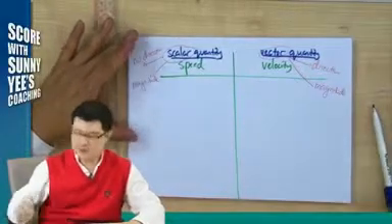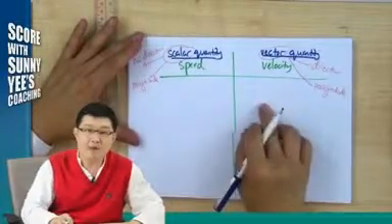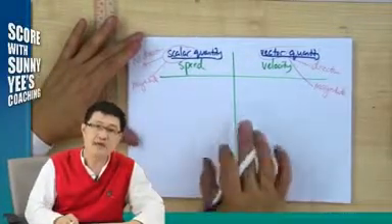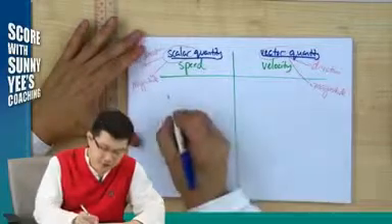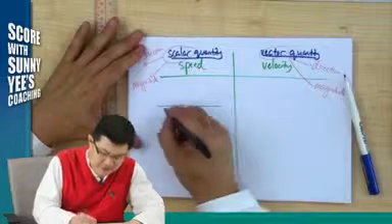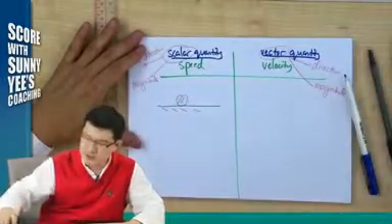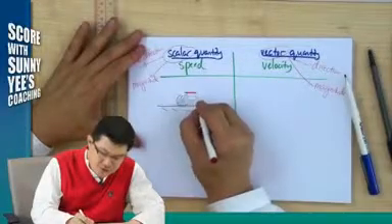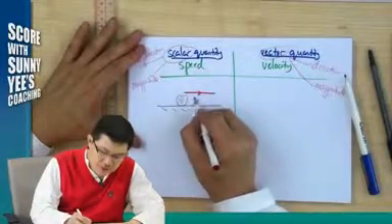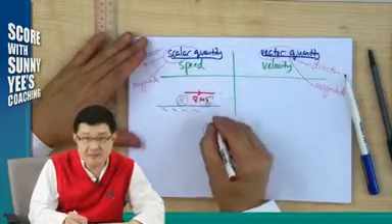Okay? So speed, whether it moved up or down, left or right, is always positive. Say for example, this is an object and this is the particle. When the particle moves forward with 8 meters per second, we say the speed is 8 meters per second.